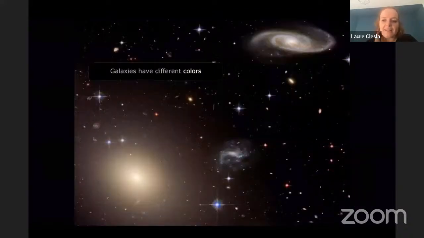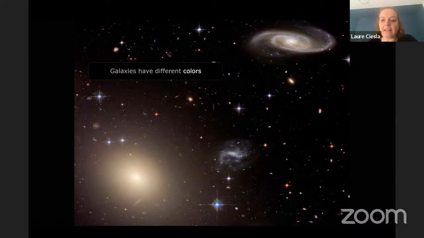Just to start and guide you to the questions that I am interested in: if you look at a typical field of galaxies, just a random one, the first thing you notice is that galaxies are very different in terms of morphology and colors.